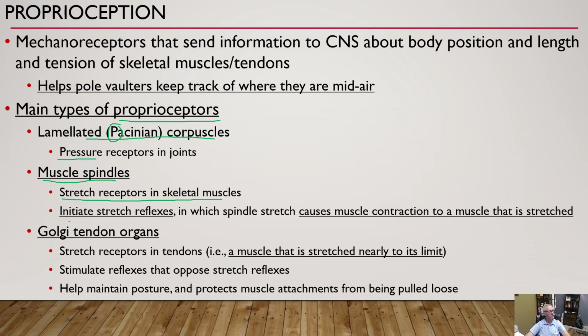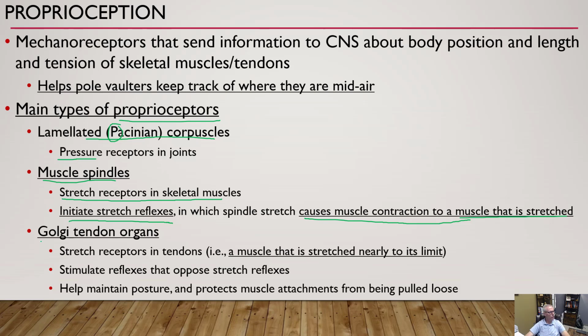These muscle spindles will initiate this thing called a stretch reflex, which, if you overstretch a muscle, will cause a muscle contraction. So if you're overstretching a muscle, these muscle spindles will contract the muscle so that you don't rip your muscle.